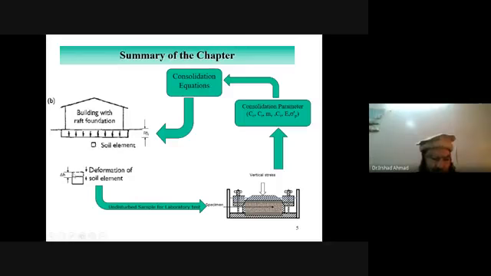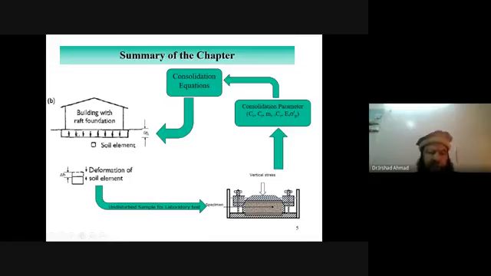If you take a small element within the body of this consolidating layer, we will see that this element is compressed by amount delta H. Delta H is the settlement.